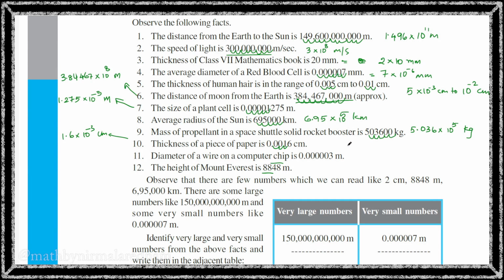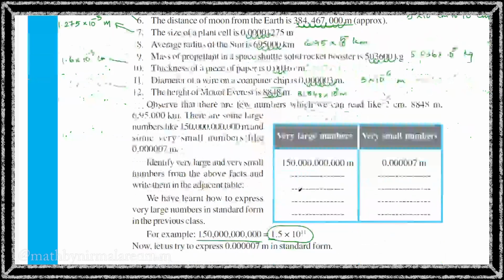Okay, diameter of the wire 3 into 10 to the power of, so I want the decimal over here 1, 2, 3, 4, 5, 6, minus 6 meters. Okay, so next is 8.848 into 10 to the power of 1, 2, 3, 10 to the power of 3 meters. So these are the facts in standard form.